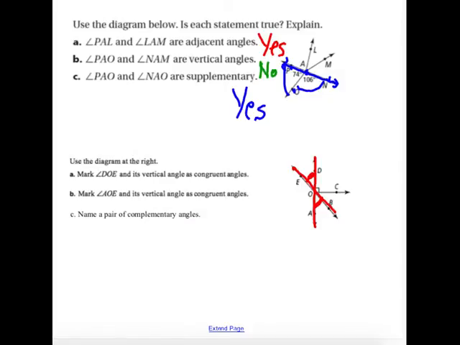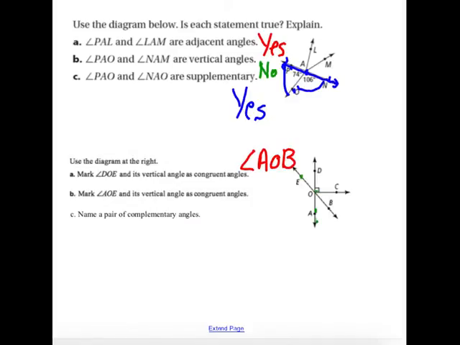So that angle here has two names. I'm going to call it angle AOB. You could also call it BOA. Then we will mark angle AOE and its vertical angle as congruent angles.